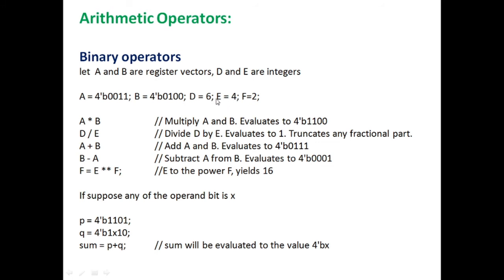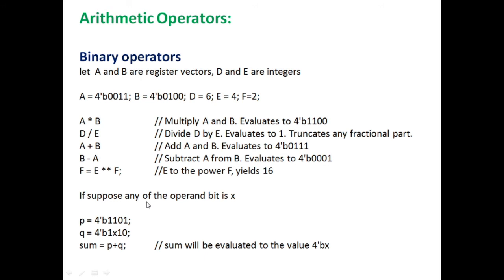Of course I will get a fractional part, but we ignore the fractional part and the quotient is evaluated to 1. A plus B simply adds the two register operands. B minus A. And E double star F, the double star is treated as power, E to the power of F, that is 4 to the power 2, which is 16.